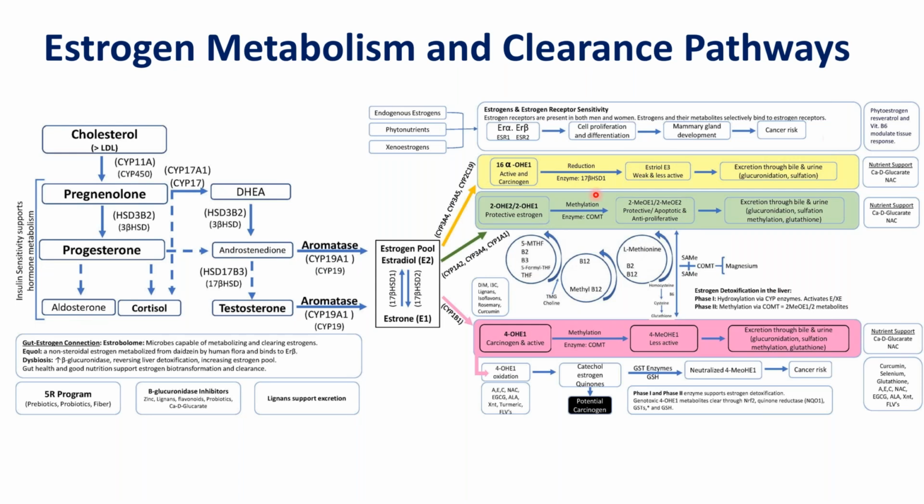Or in our detox profile, if we're not methylating properly, or if we have a COMT issue, we're definitely not going to be able to move things down our green light.